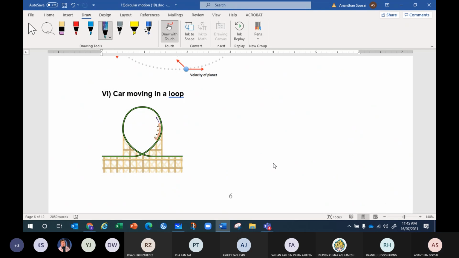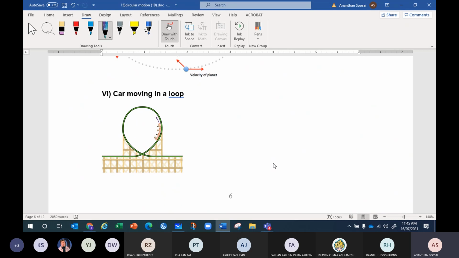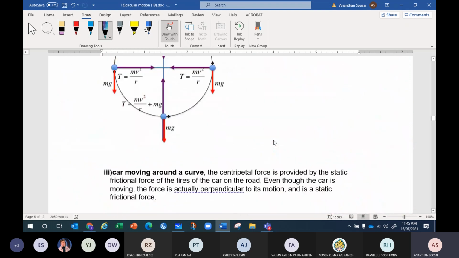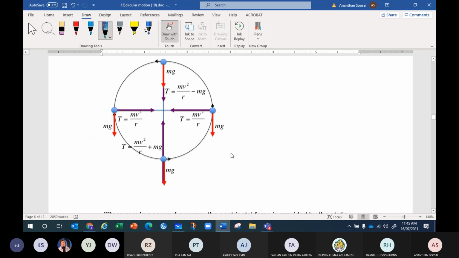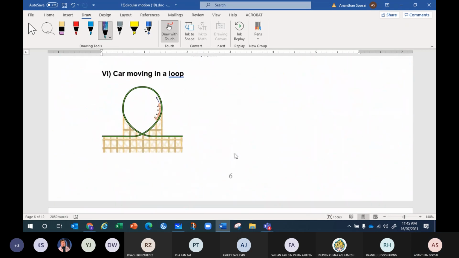Now this is another complex system, but it looks the same as this one: the vertical circular motion. So let's investigate. A car moving in a loop, like a roller coaster. A roller coaster gets into a loop and comes down.